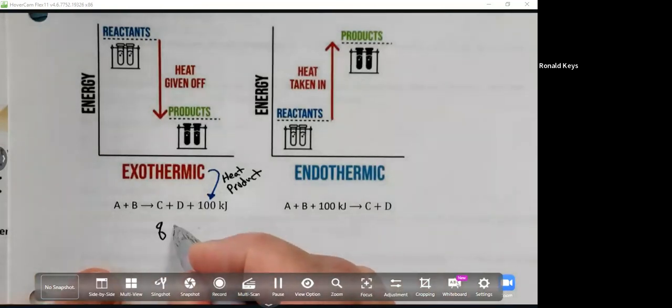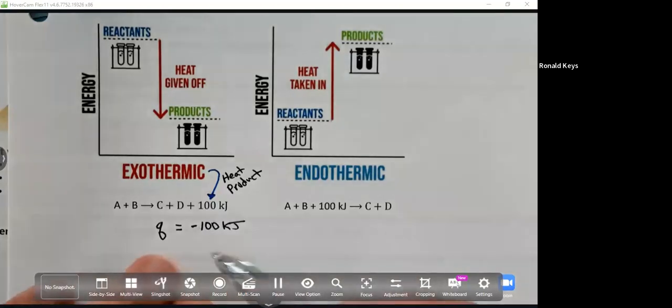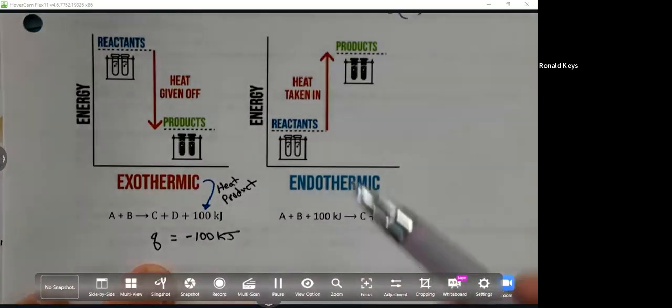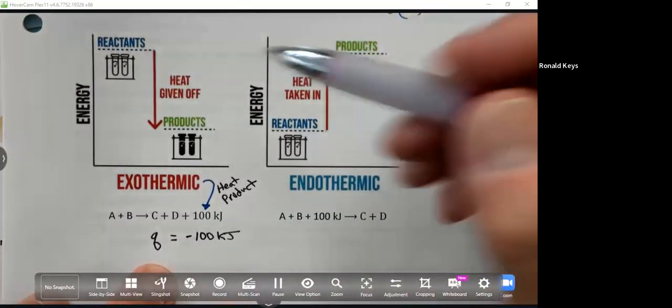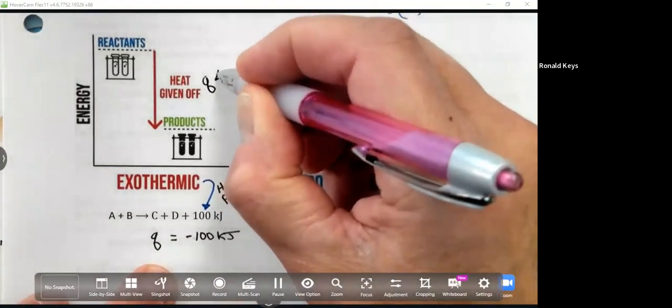So Q is going to be our heat. Q is going to be negative 100 kilojoules. We calculate this out. If Q is negative, it's going to be on the product side as a positive number. In an energy diagram, Q less than 0.